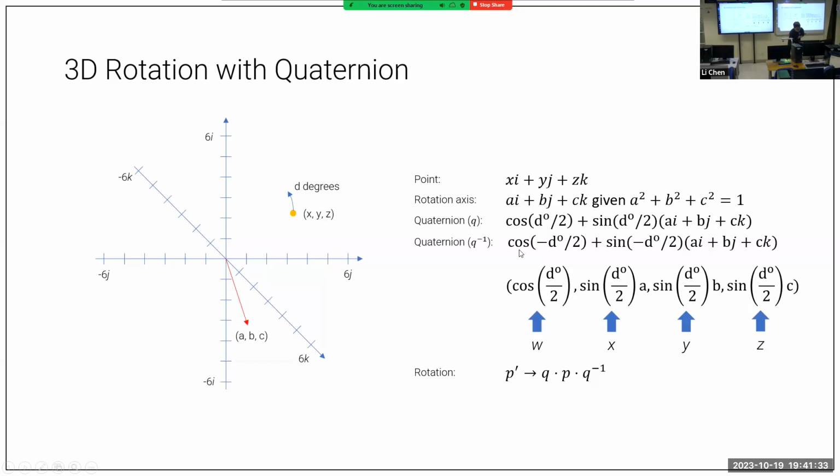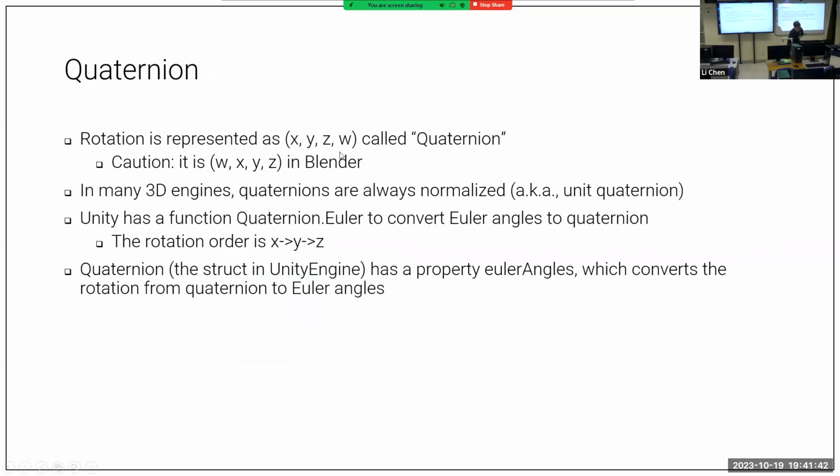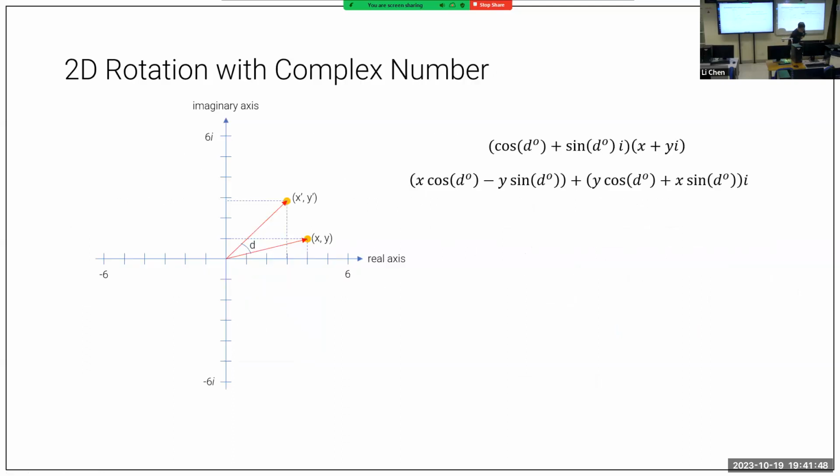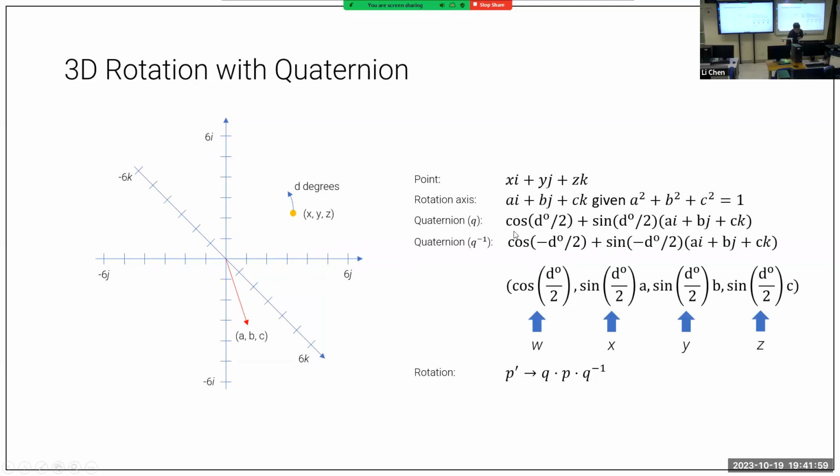How can you convert this into the X, Y, Z, W format? This is also very straightforward. You remember when we had this one, we wanted something real followed by something imaginary. It's the same thing. We want to massage this formula a little bit and get something real plus something imaginary i plus something imaginary j plus something imaginary k.